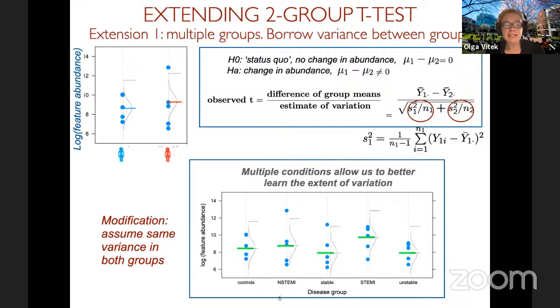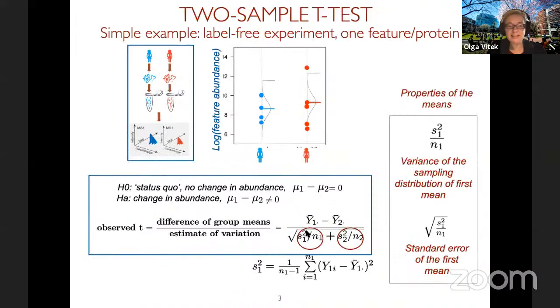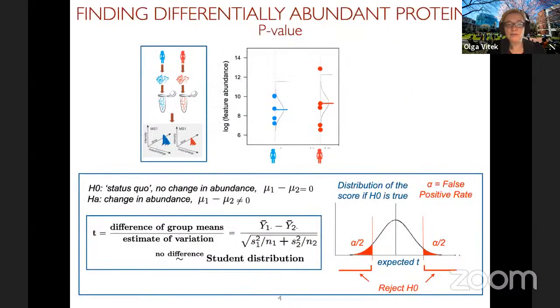Now, an important difference, which frequently appears in these models, is that here we talked about the signal to noise and having a sample variance in the first group and a different sample variance in the second group. So we assume that there are potentially different variances in each group.